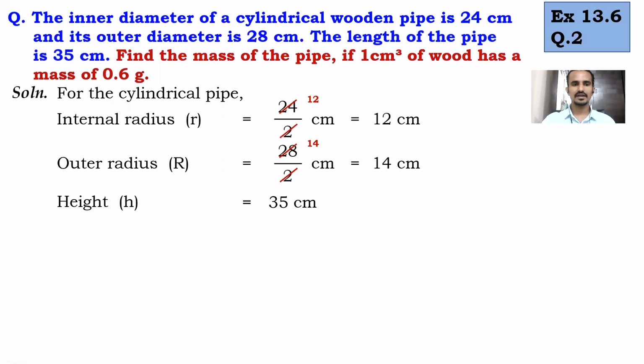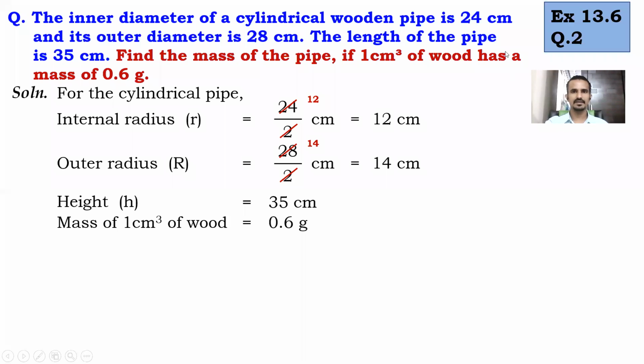So let's write down this thing. Mass of 1 centimeter cube of wood is 0.6. So these are the three things we know: both the radii, height, and mass of 1 centimeter cube. So we have to find out mass of the entire pipe.